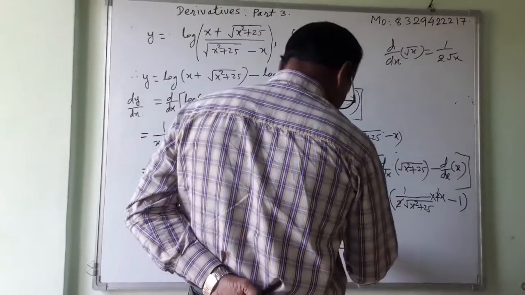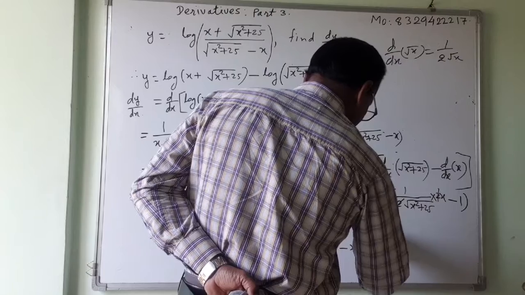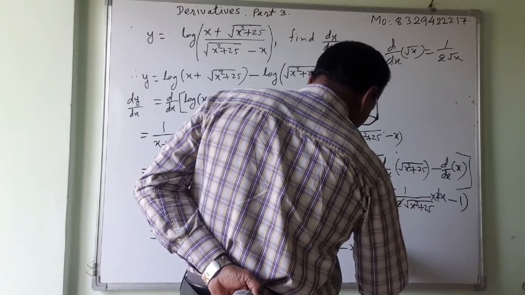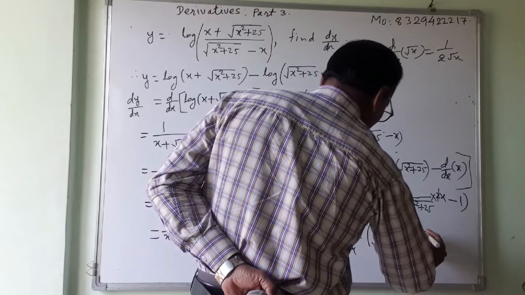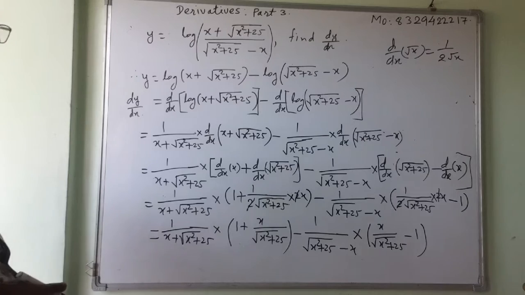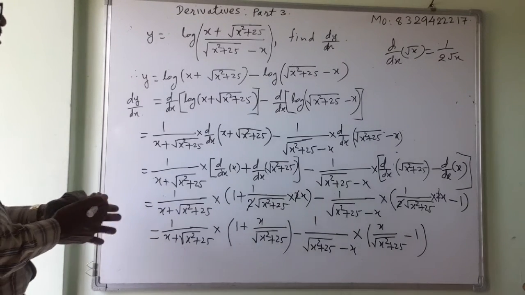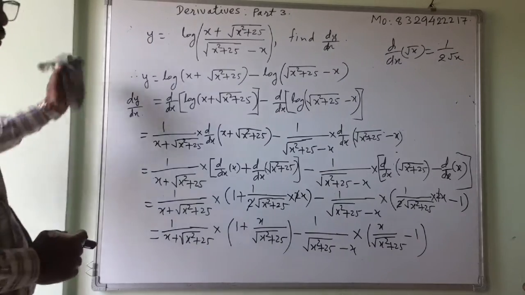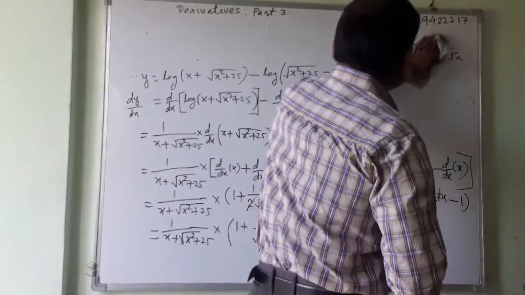What is that? This is x upon root of x square plus 25 minus 1. Hope that you have understood this much part very clearly. So I will rub this now. I will go for the next steps.